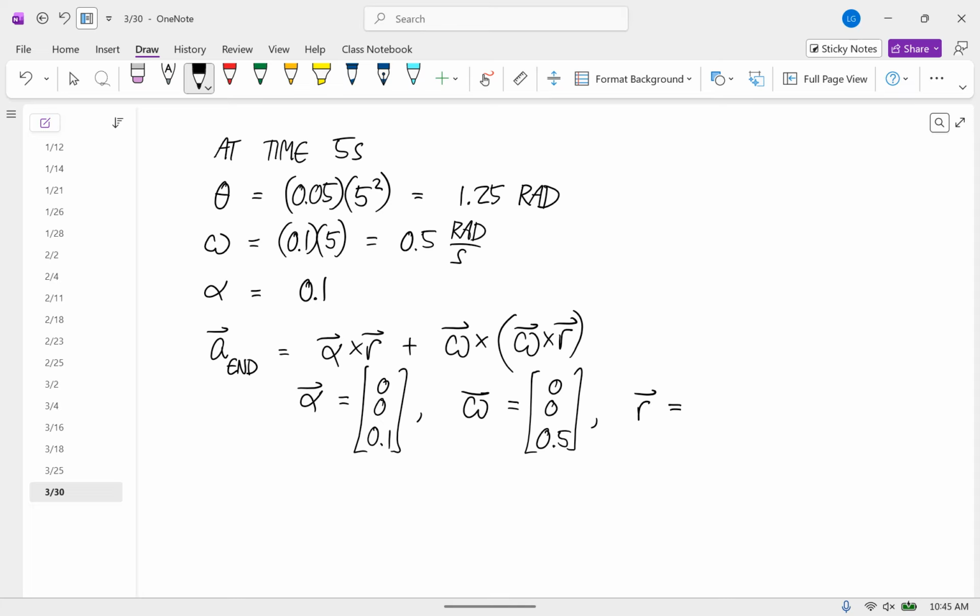The vector from the center of circular motion or spherical motion to the point you care about. So in this case, that is 1.5 times the cosine of theta, 1.5 times the sine of theta, 0. And then we can plug in 1.25. Thank you.